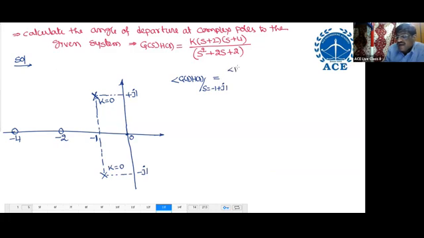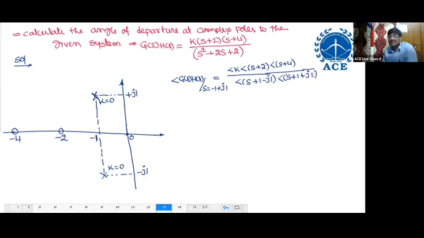That equal to angle of K, angle of S plus 2, angle of S plus 4, divided by the roots you write in the denominator: angle of S plus 1 minus J1, angle of S plus 1 plus J1.